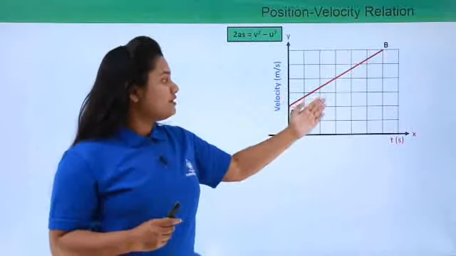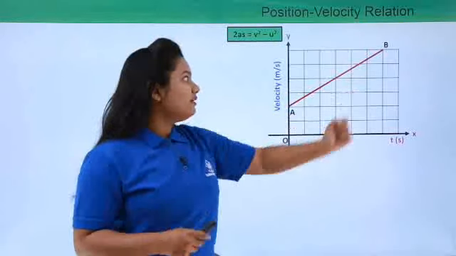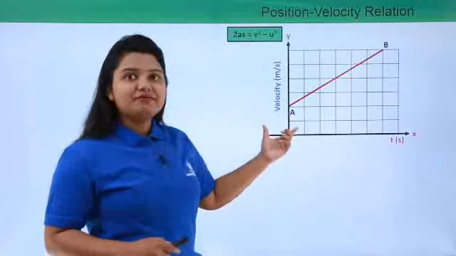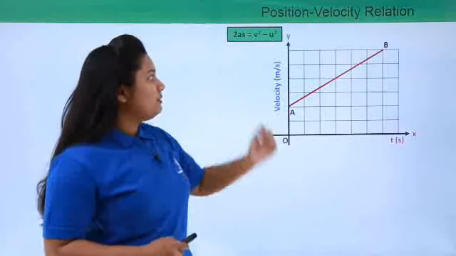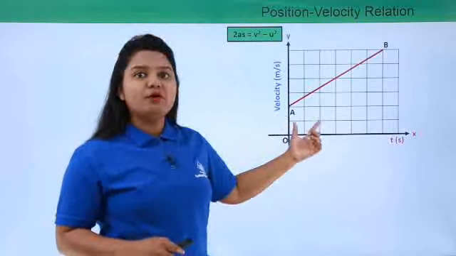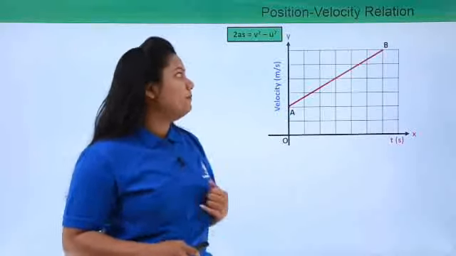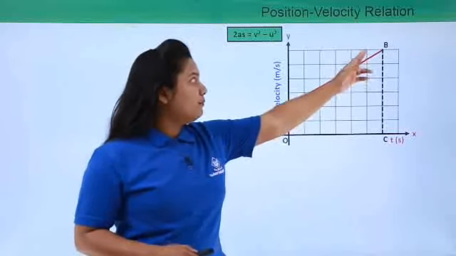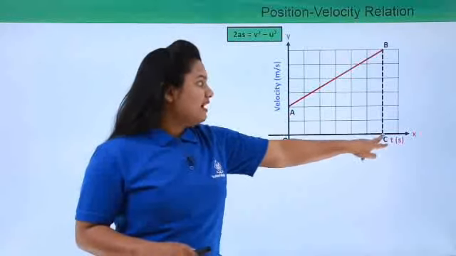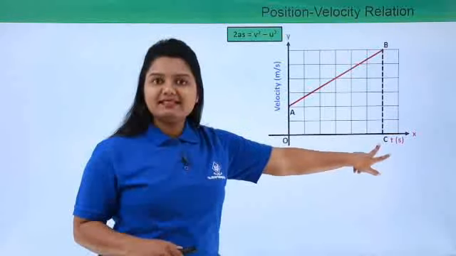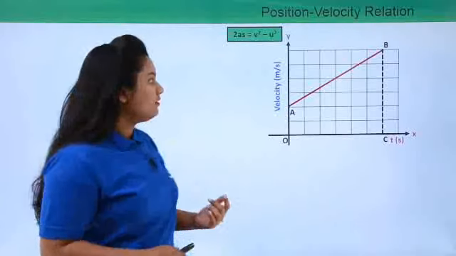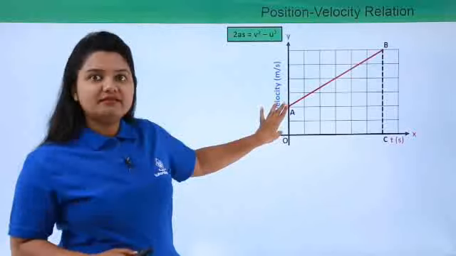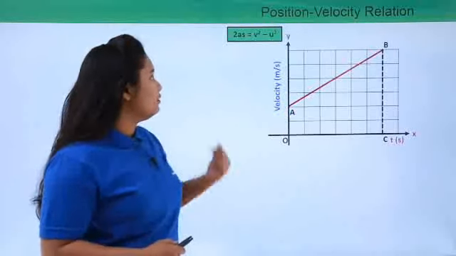So here I have a velocity-time graph which is AB. In order to derive this expression, we will be finding out the displacement of the body from point A to point B. For that, we will draw a perpendicular from point B towards the x-axis, and the point where it touches the x-axis, let it be C. Now, we know that the body has some initial velocity which we have taken as u.